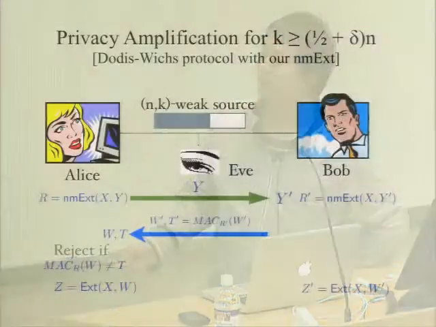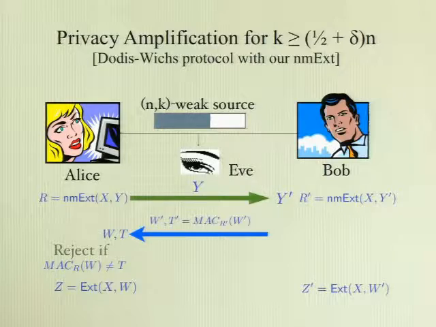Of course, Alice may get something completely different, some w tilde. Alice will then check the MAC, that this tag is correct for the message w she receives. If not, Alice will reject. Otherwise, if Alice does not reject, she will compute her output, and Bob will always compute his own output, z prime.